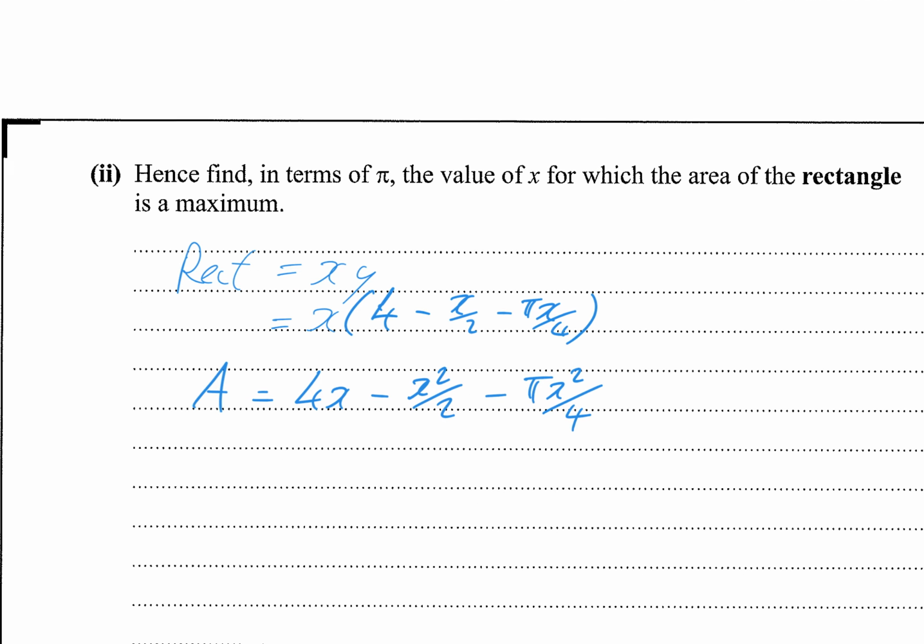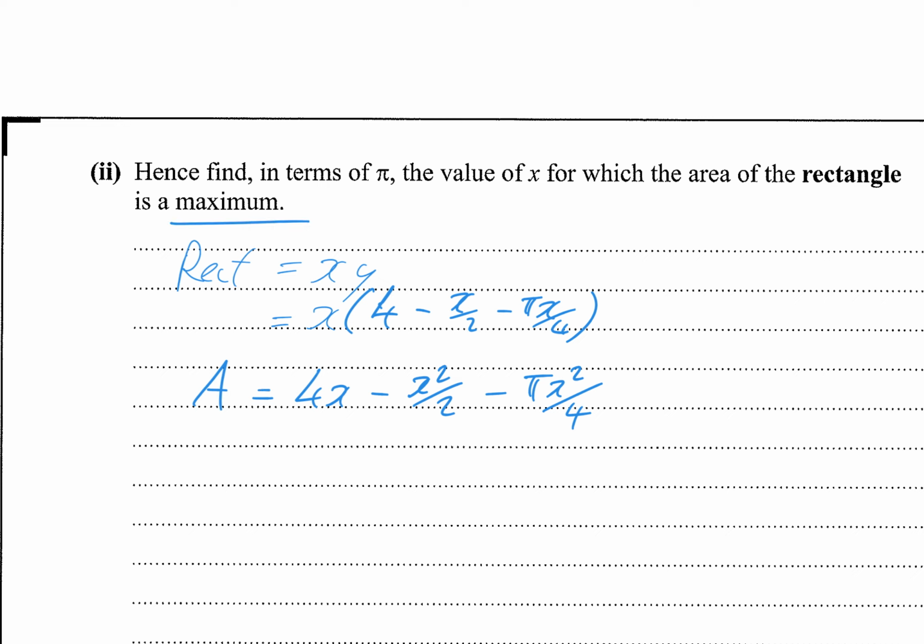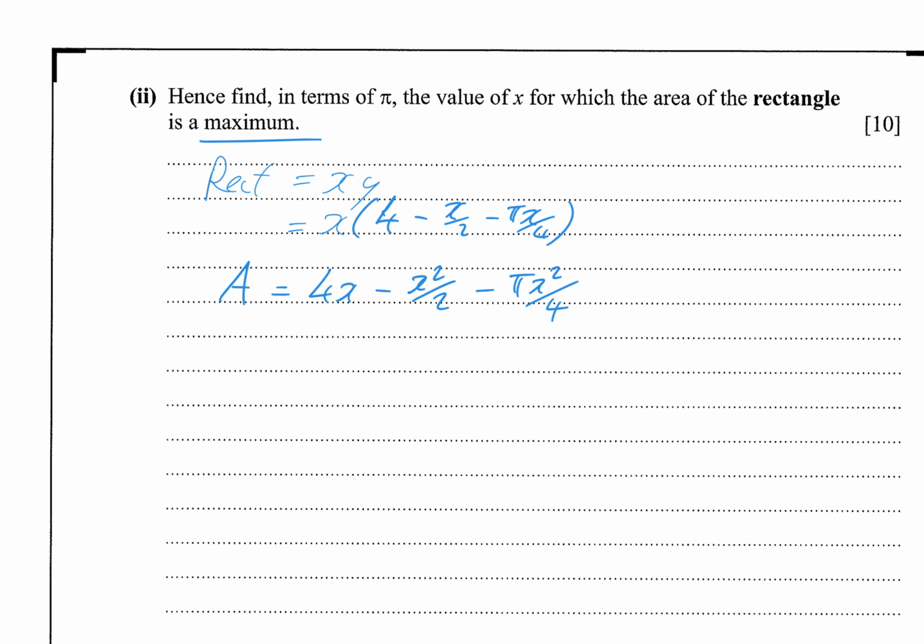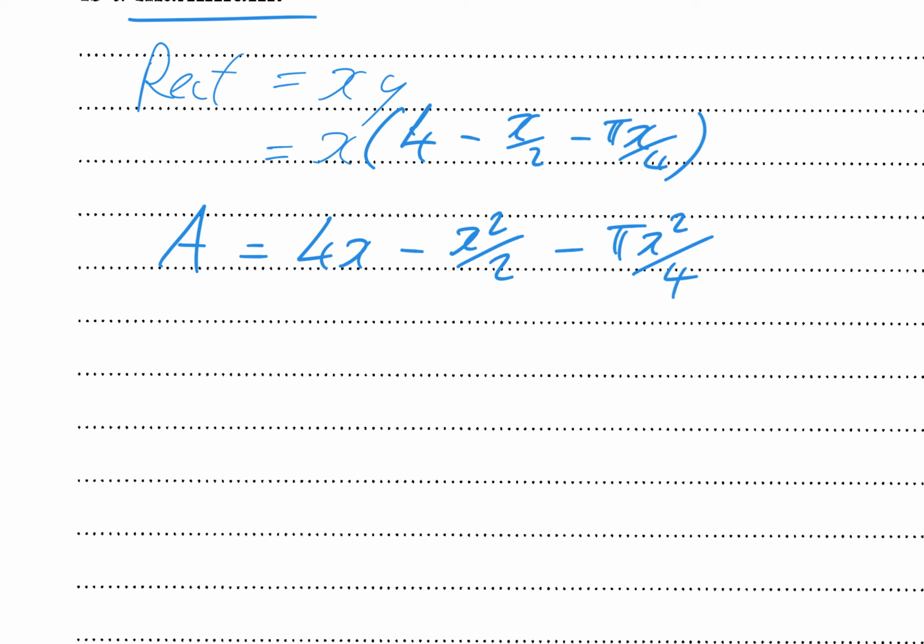When you see the words maximum, minimum, point of inflection, turning point, gradient, tangent, normal, any of these words, you should be thinking differentiation. So this is a differentiation question from here on in.